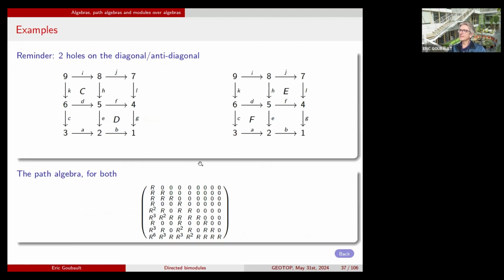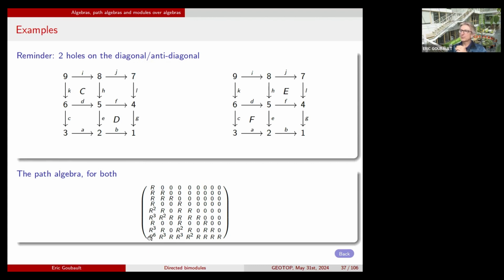So for the examples I had at the beginning, the two holes on the diagonal or anti-diagonal, the ones which are not going to be diffeomorphic. So you have these two cells, C and D here, and E and F there, but the underlying graph is the same. And the path algebra, as you have 9 points, is going to be a 9 times 9 matrix. And just to show you one entry, so it's going to be lower triangular again.